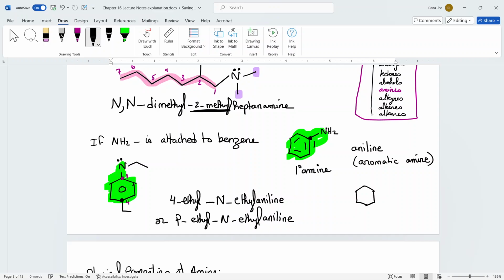So let's say I have a benzene, and on the benzene I have an N, and I have a CH3 here, another CH3 there, and then I have a CH3 over here. Then the name is going to be, again, aniline, because aniline is a higher priority than toluene.